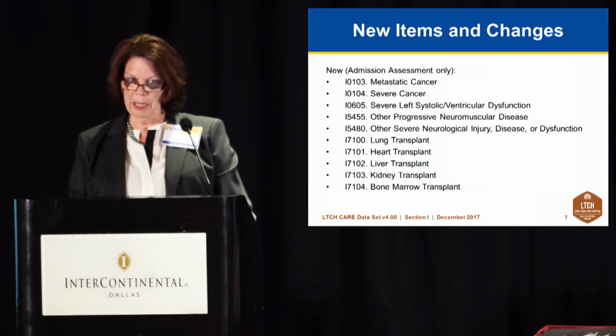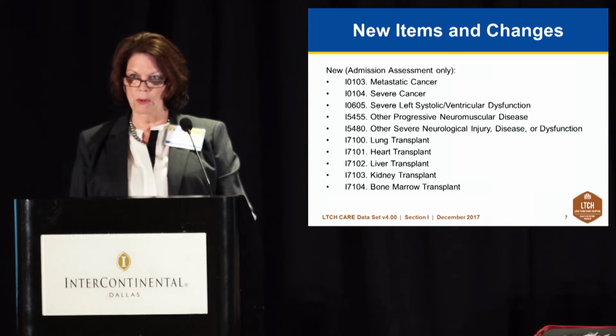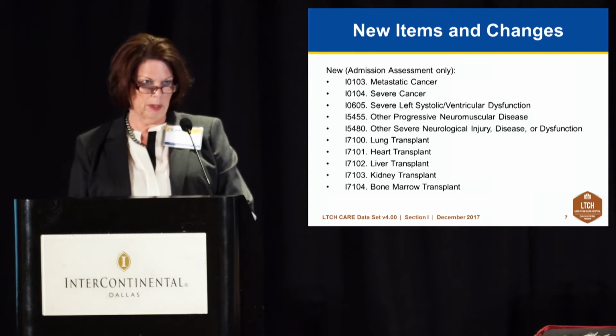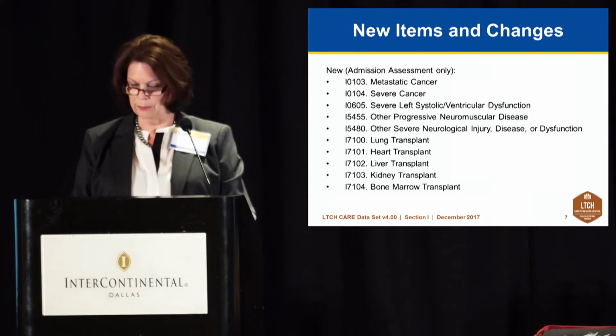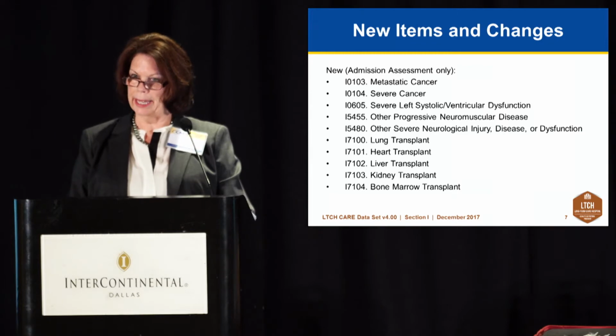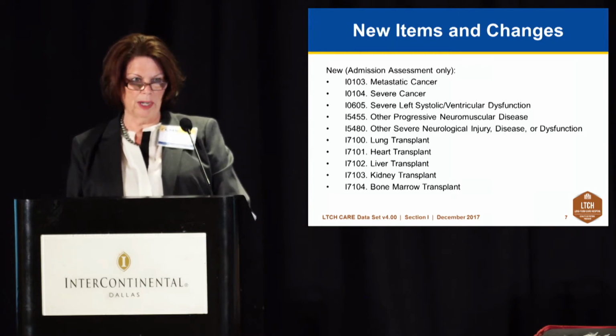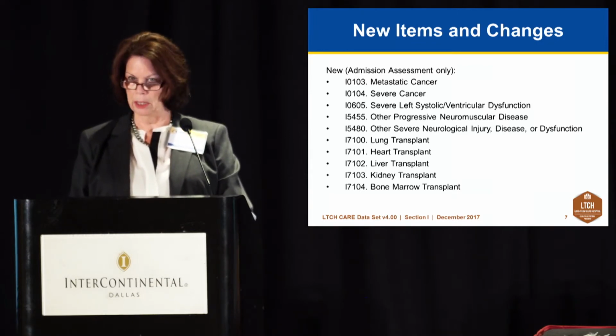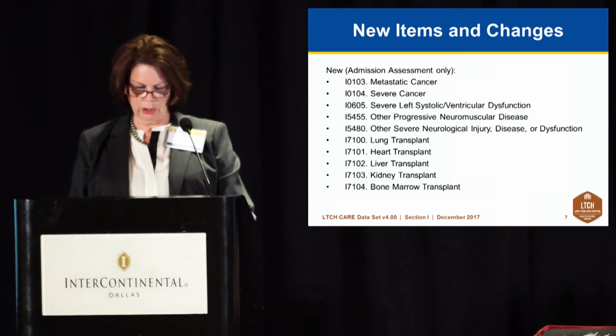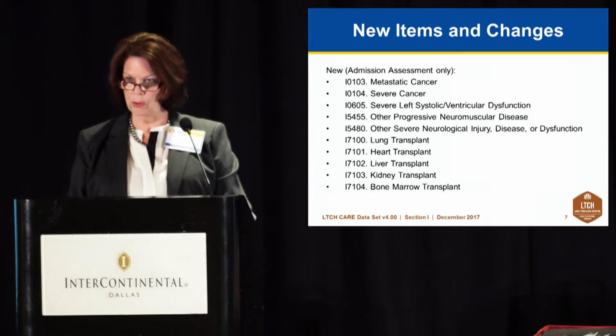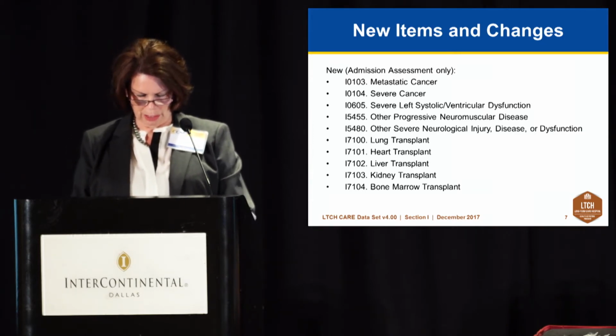The remaining items are associated with organ transplants, and you'll see all of them listed here: lung, heart, liver, kidney, and bone marrow. Again, this was at the advice of our technical expert panel, as well as review of the literature in terms of risk adjusters for the ventilator quality measures.